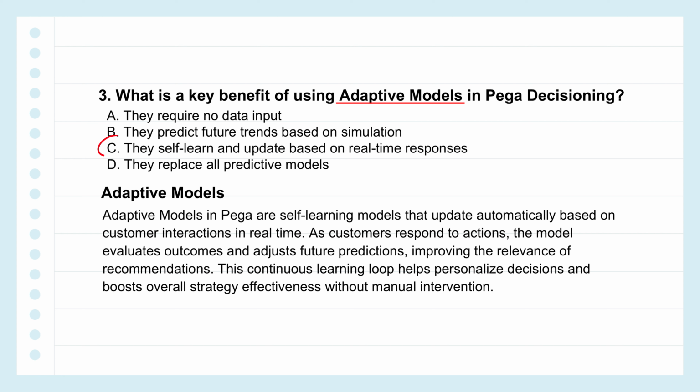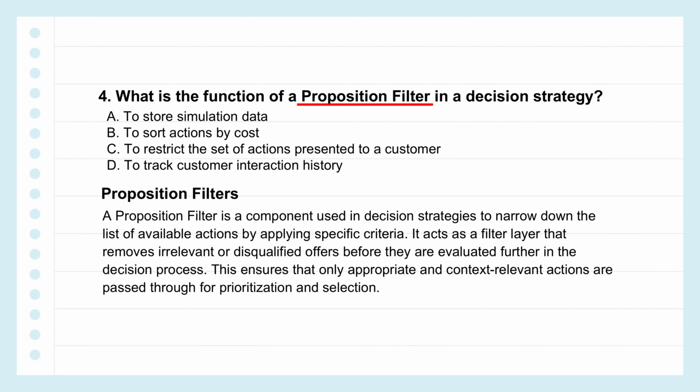So we have policies setting rules, VBD for monitoring, models for learning. What about proposition filters? The notes say they restrict the set of actions. How's that different from engagement policies? Good question. Think of proposition filters as a more operational check. They often come into play after eligibility but before the final decision. They restrict the pool of potential offers based on simpler, often negative conditions.